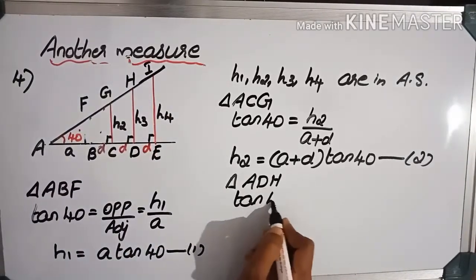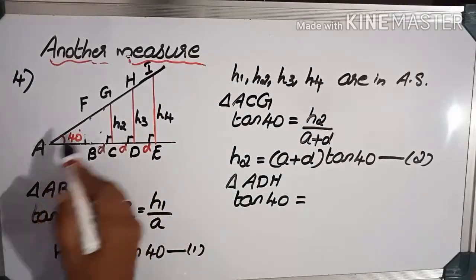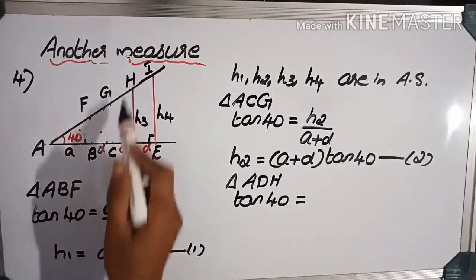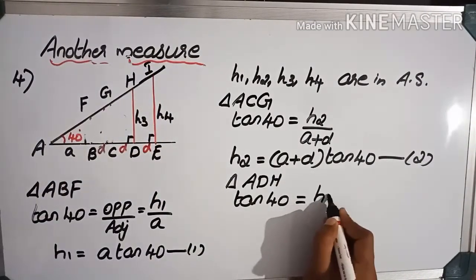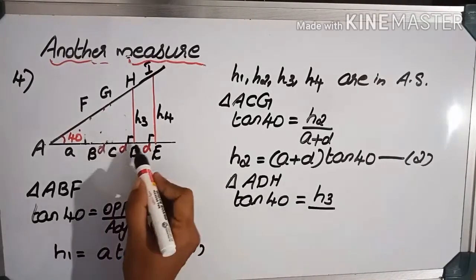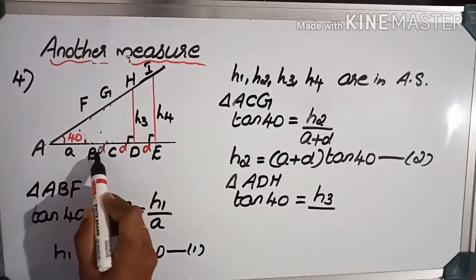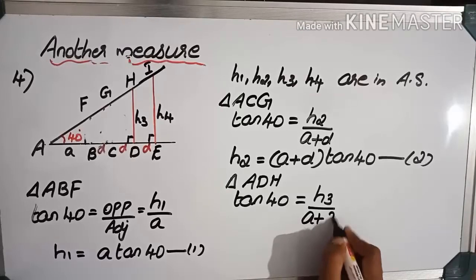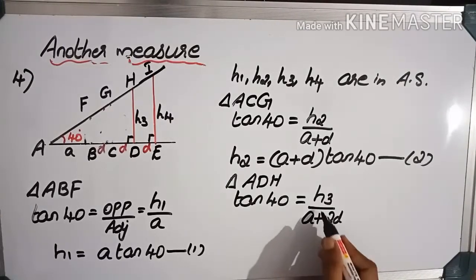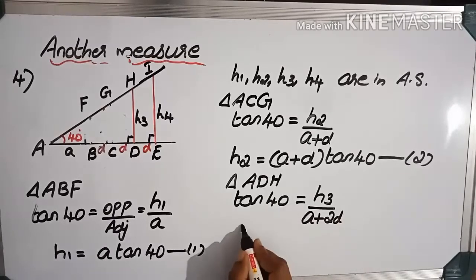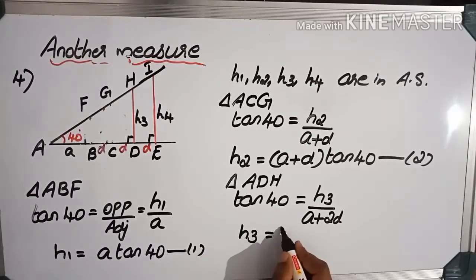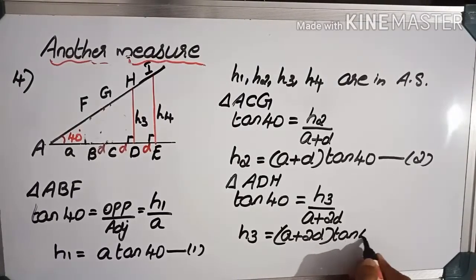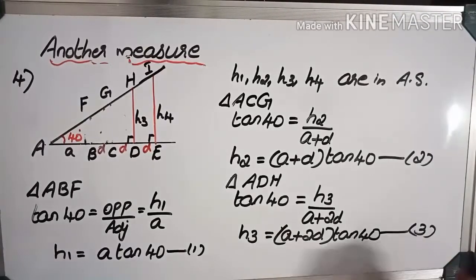Again tan 40 equals the opposite side h3 by the adjacent side from A to D, that is A plus d plus d, A plus 2d. So h3 equals A plus 2d into tan 40. This will be the third equation.